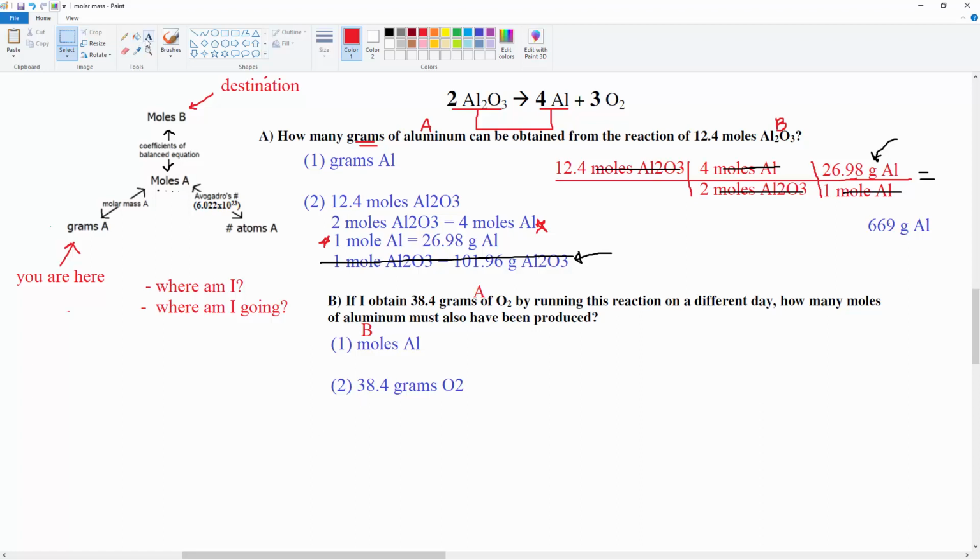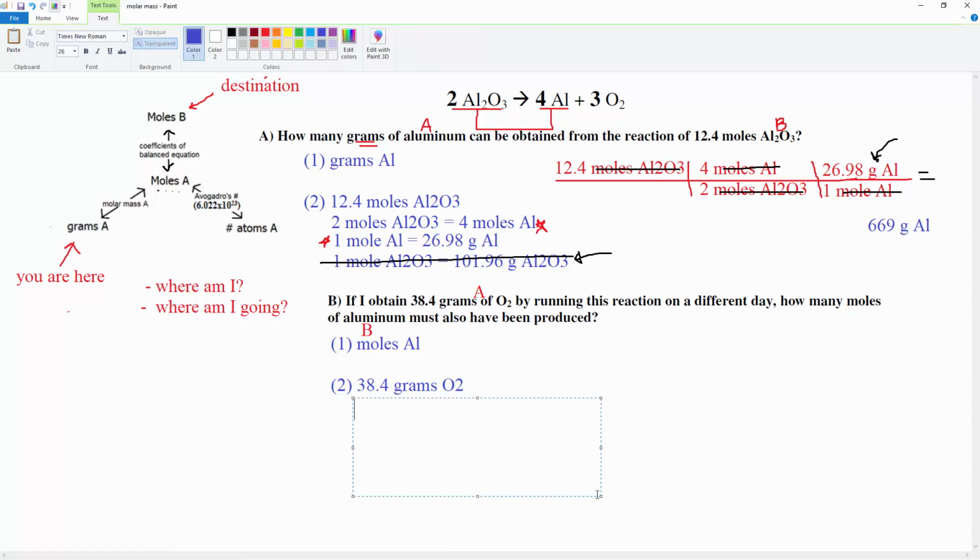Okay, if I need the molar mass of oxygen, what is that? Yeah, oxygen is 16, multiply that by 2. We've got 32 grams of oxygen. Good. And then after I use the molar mass of oxygen to get to moles of oxygen, I'm going to use the coefficients of the balanced equation.